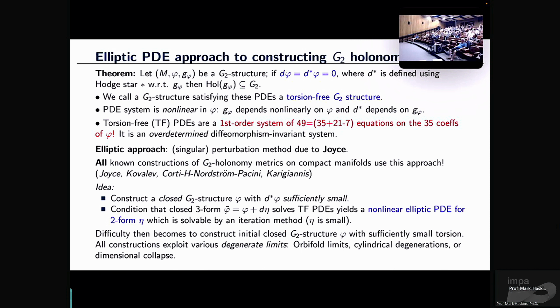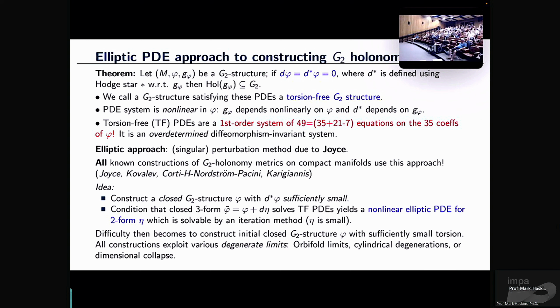Later constructions like the twisted connected sum construction involve a parameter in which a long cylindrical neck appears, and you could start by thinking of taking 2 asymptotically cylindrical objects and trying to put them together to get a compact one. And then more recently, there are ways to try to generate examples that exhibit some sort of dimensional collapse. But I don't want to say too much about that because that's not going to be the focus of the talk.